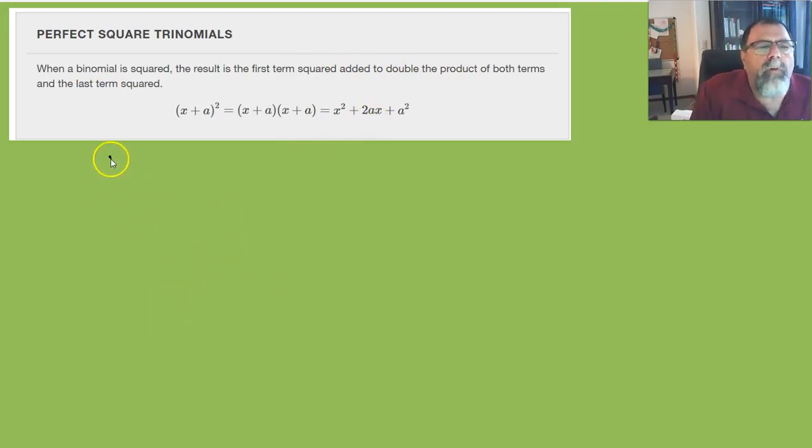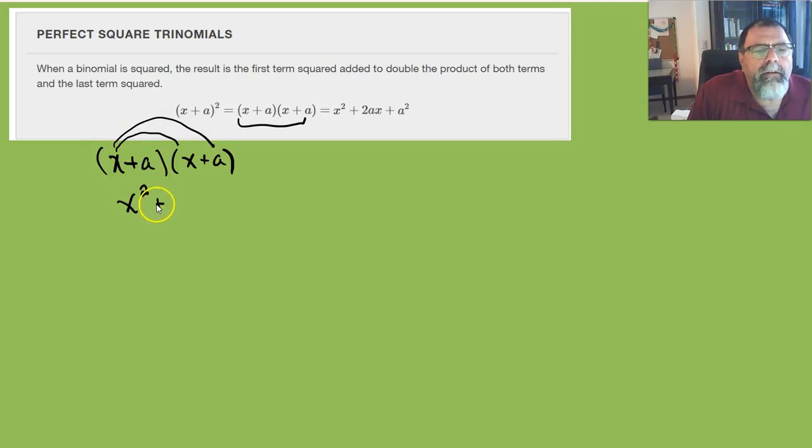If we were to FOIL x plus a, x plus a. So again, remember, it's just the distributive property. So x times x, your first, outside, that's a times x, inside, a times x, and then the last, a squared.